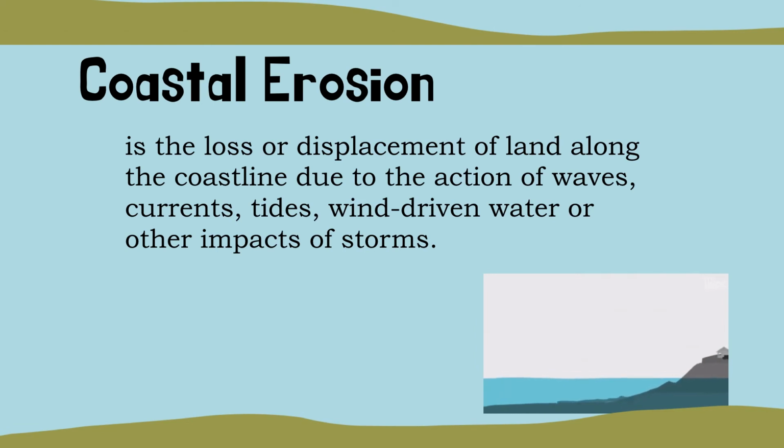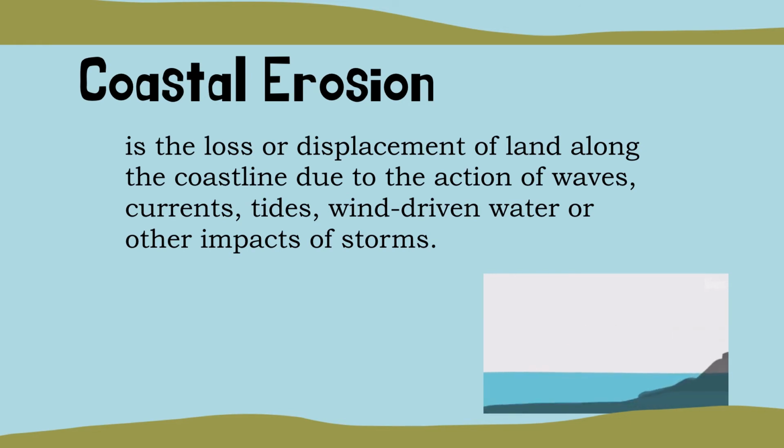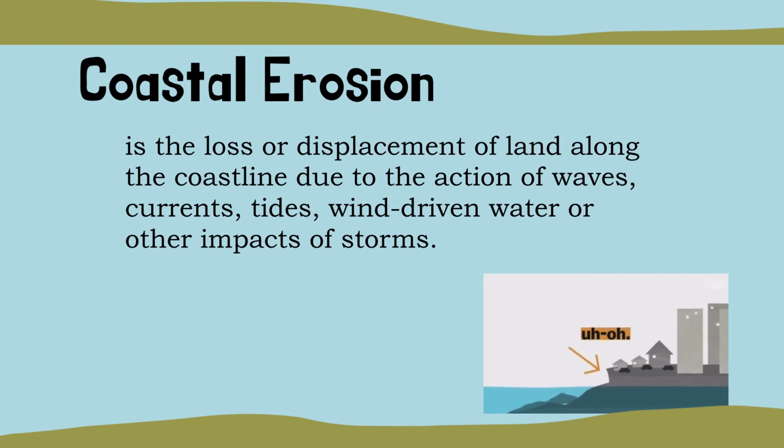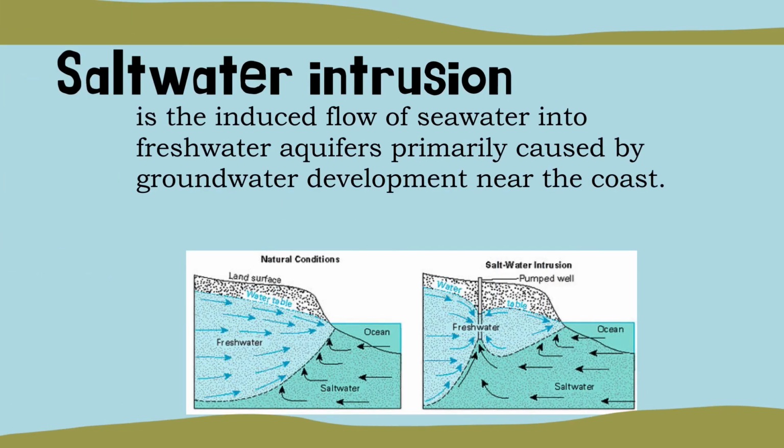Coastal erosion is the loss or displacement of land along the coastline due to the action of waves, currents, tides, wind-driven water, or other impacts of storms. Saltwater intrusion.